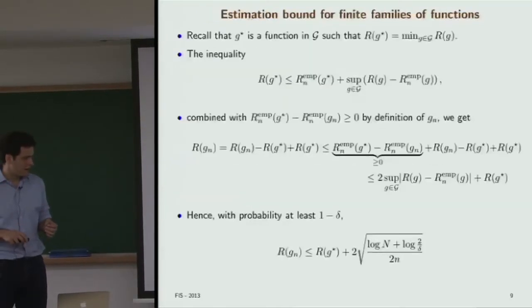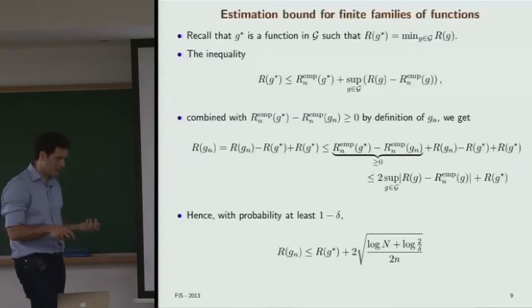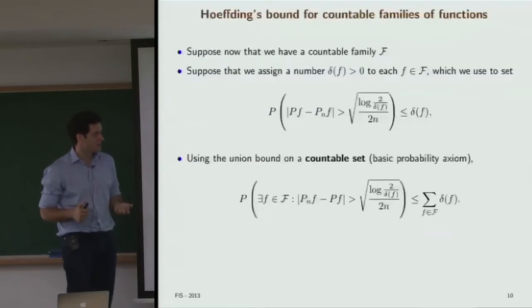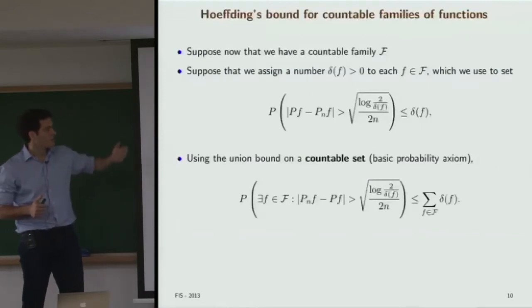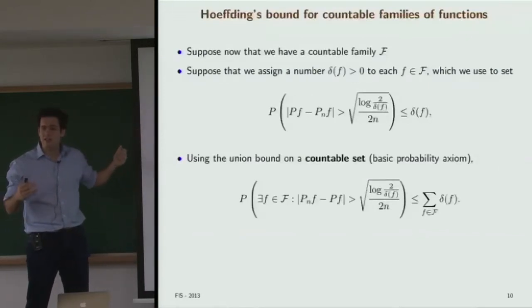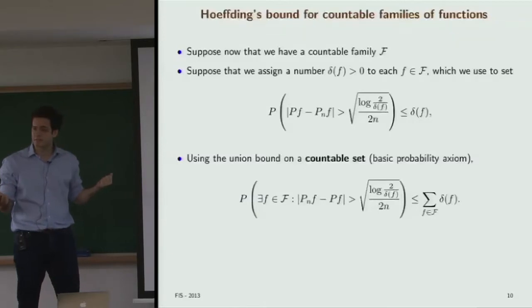Typically, if it's a finite set whose size is exponential in some parameters, then you will have a dependency which will appear in those parameters, and that's not exactly what we want. So let's try to generalize this a bit to countable families.